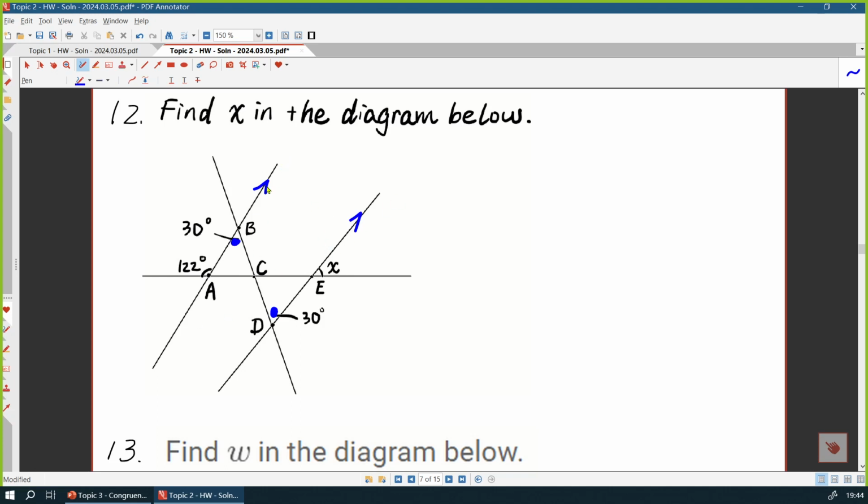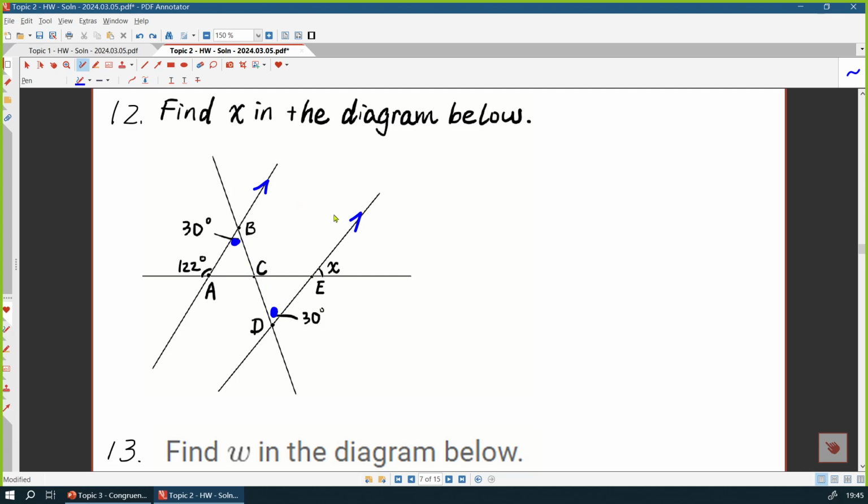As you can see here, apparently these two lines seem to intersect at some point here, right? But you need to use mathematical theories to prove whether they are intersecting at some point or they are just parallel. So apparently here we have alternate interior angles that are equal.